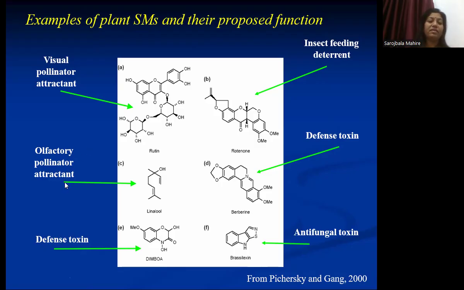An olfactory pollinator attractant is linalool. This is a defense toxin, and this is brassilexin. This is one of the antifungal toxins used to kill the fungus.